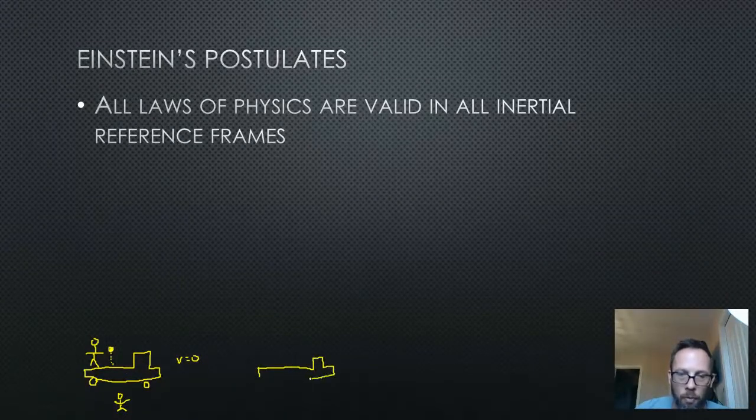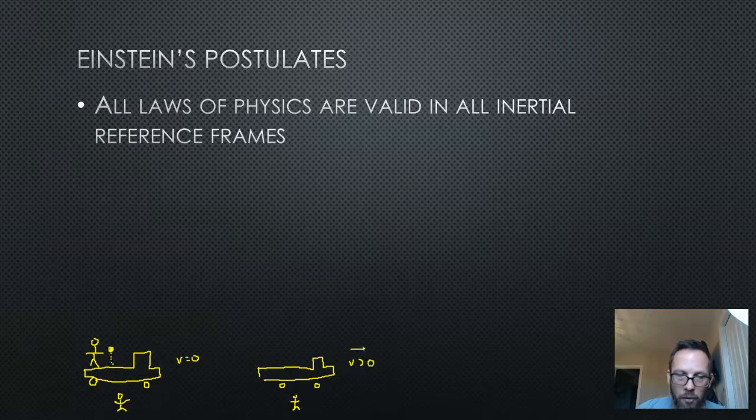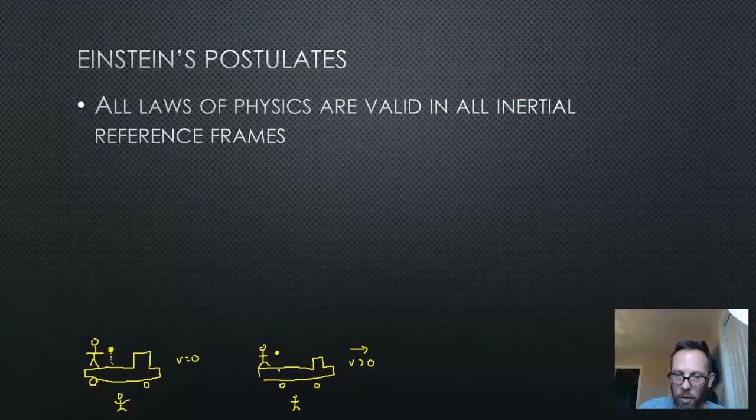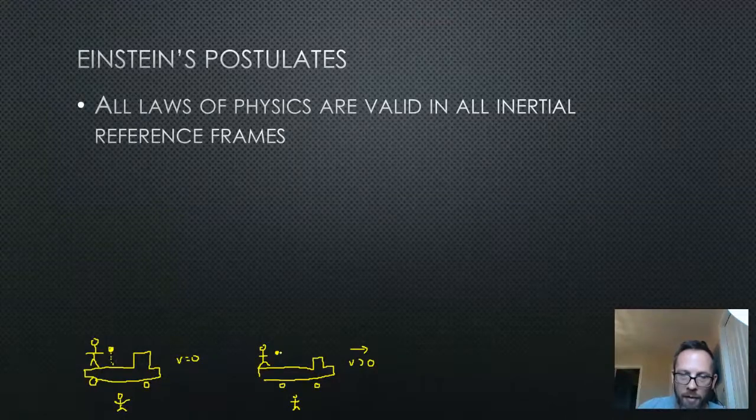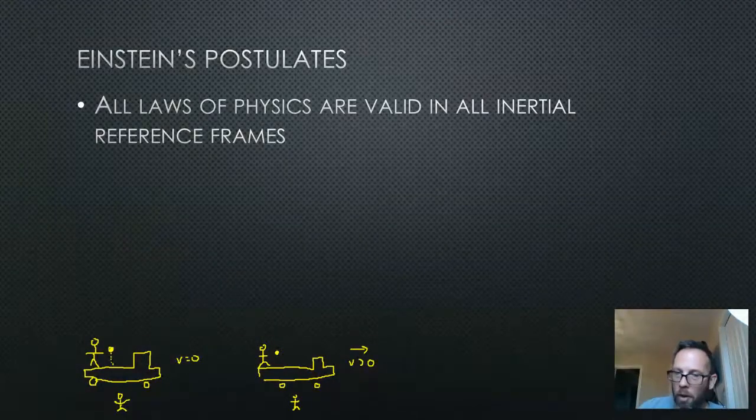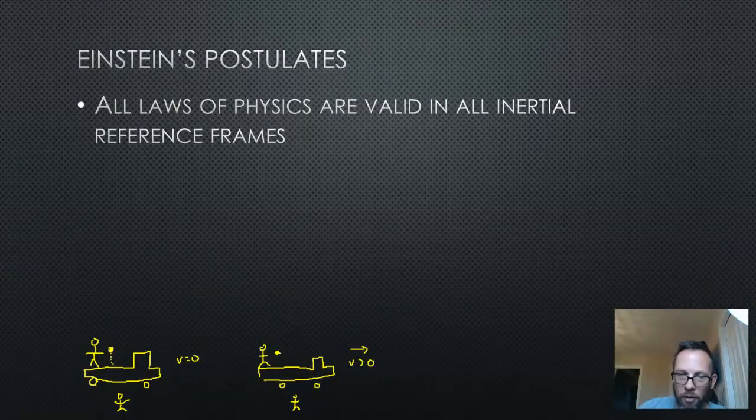But what would we see if the truck instead is moving with some speed greater than 0? The person in the truck would see the ball going straight down. But for us on the side of the road, it's like the ball is dropped with some horizontal initial velocity.